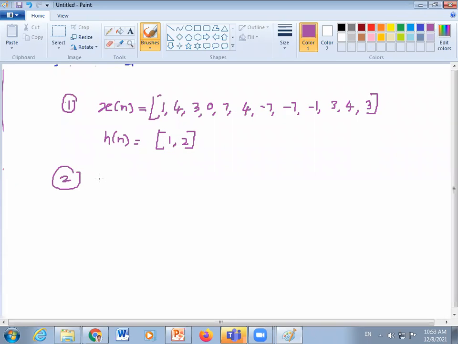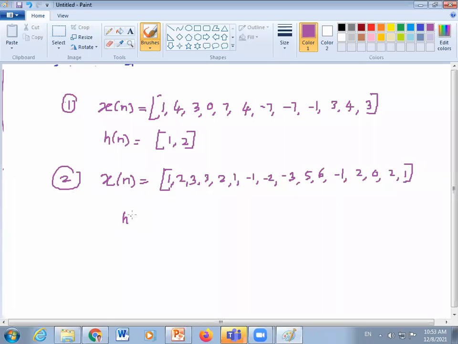And the next one is x of n equal to 1 2 3 3 2 1 minus 1 minus 2 minus 3 5 6 minus 1 2 0 2 1.